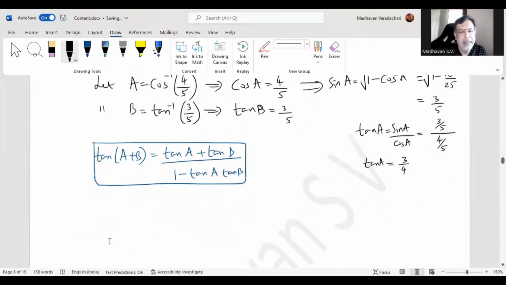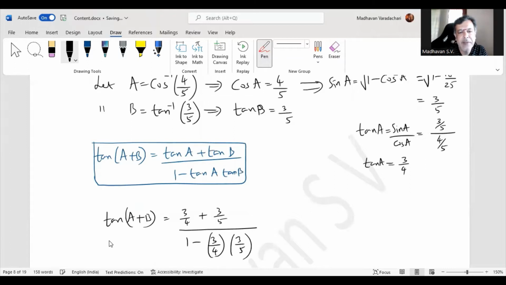So now tan of A plus B is nothing but tan A, which is 3 by 4, plus tan B, which is 3 by 5, divided by 1 minus 3 by 4 multiplied by 3 by 5. Here in the numerator, the LCM is 20. So this becomes 15 plus 12. And in the denominator, LCM is again 20. So 20 minus 9. So this will become now 27 divided by 11.